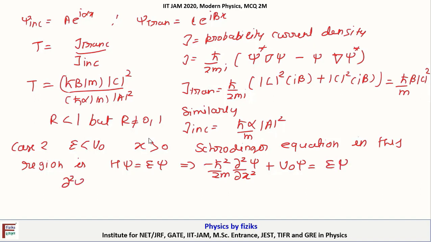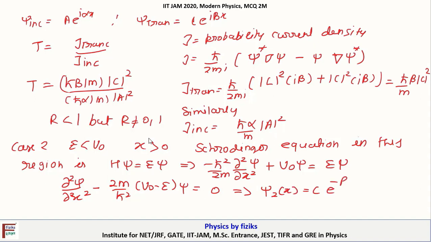So that equation is del square psi by del x square minus 2m by h cross square (V0 minus E) psi equals 0, which implies psi 2 of x equals C e to the power minus beta x plus D e to the power positive beta x.